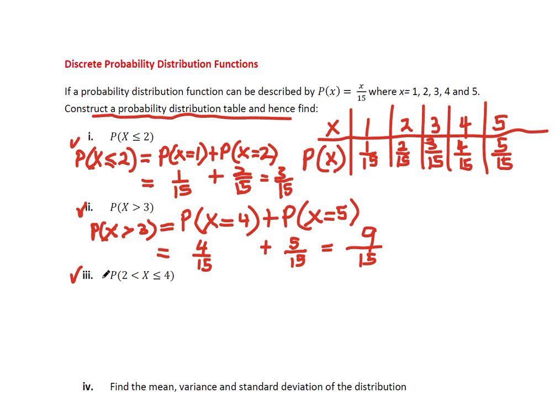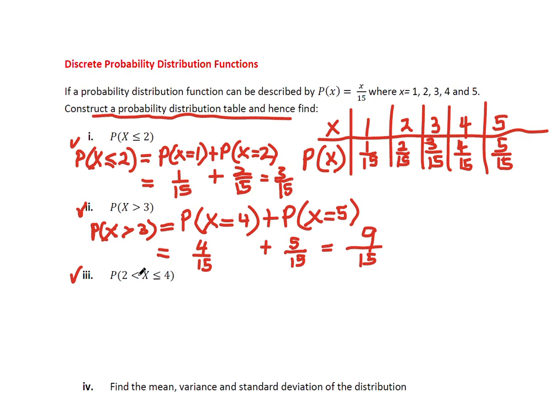For number 3 now, we're asked to find the probability that x is greater than 2 but less than or equal to 4. In other words, what are all the values that fall between 2 and 4, not including 2, because we don't have an or equal to sign on this inequality, but including 4.